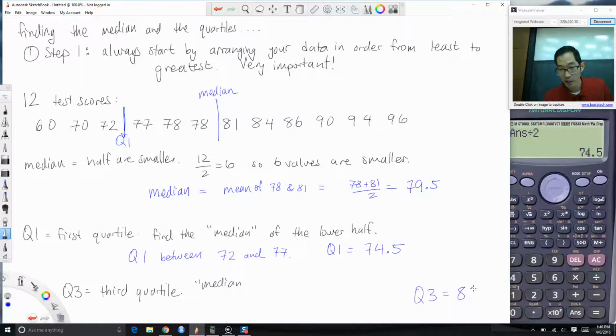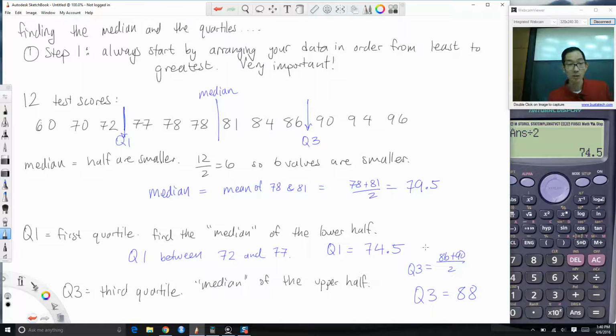Q3 is 88. It's going to be right here. Q3 is equal to 86 plus 90 divided by 2, which is 88. And that would be the median of the upper half.